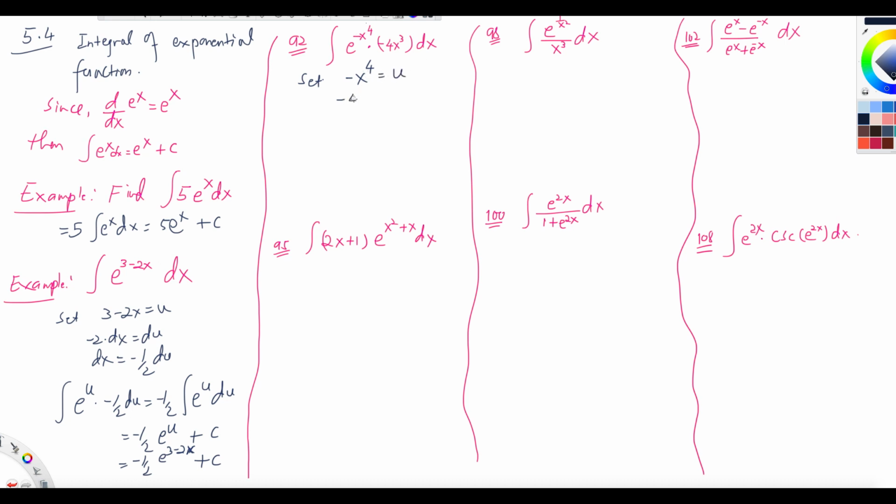It is negative 4x cubed dx equals du. So this thing will become du, and it is e to the u. So the integral of e to the u du will become e to the u plus c. And this implies e to the negative x to the 4 plus c, because u is negative x to the 4th.